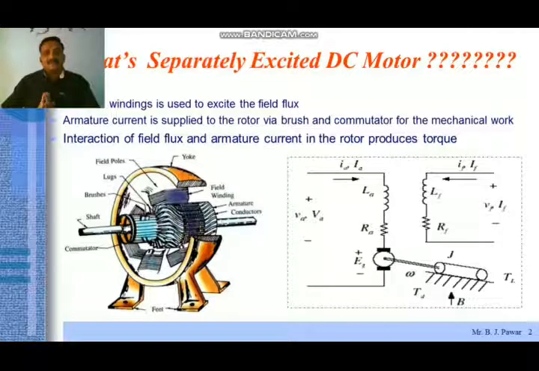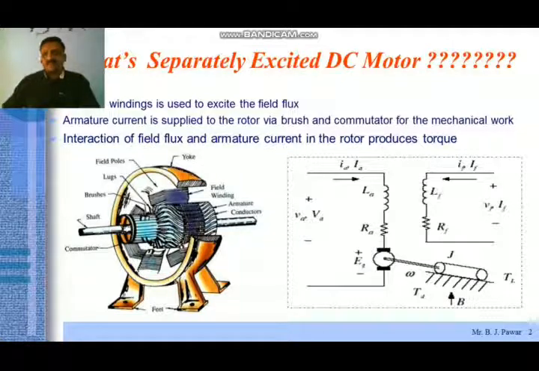Okay. The DC motor we are going to study over here is the separately excited DC motor. First of all, we will see the difference between the separately excited DC motor and the permanent magnet type of DC motor. The main difference you will observe is that there is no permanent magnet inside the separately excited DC motor.